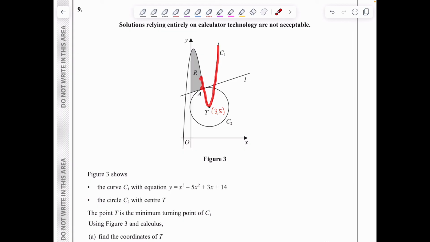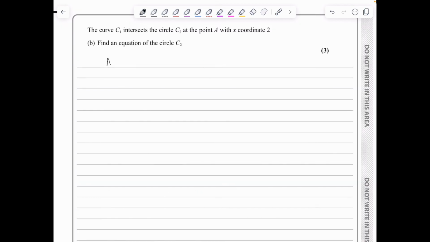So I will use the equation of the curve C1 to find the full coordinates of point A, and then use the distance formula to find the distance between A and T, and that will give me the radius of the circle. So at A, x is 2, which means that y is 2 cubed minus 5 times 2 squared plus 3 times 2 plus 14, which gives an answer of 8, and therefore A has coordinates (2, 8).